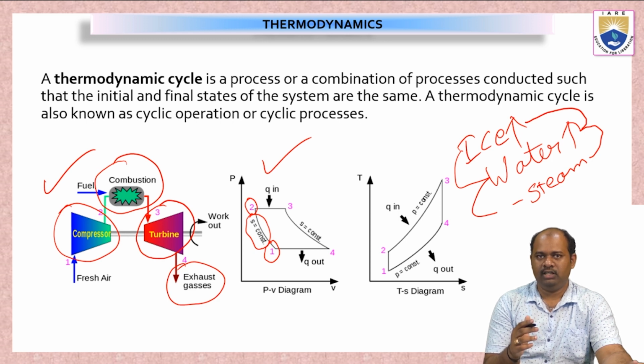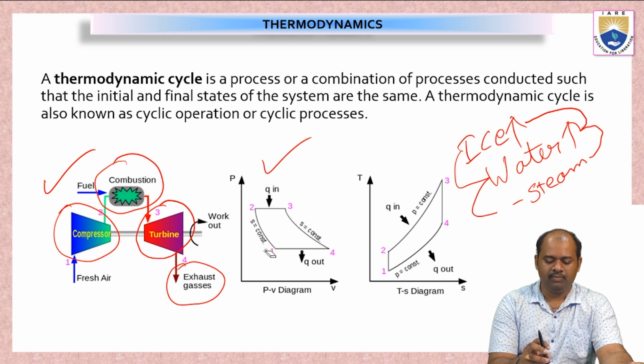Now in the first stage, between point 1 and 2, the entropy is constant, which means no heat is being supplied to the system. But there is an increase in the pressure because we are compressing the air using a compressor. We can see in this PV diagram the pressure is increased from point 1 to point 2.